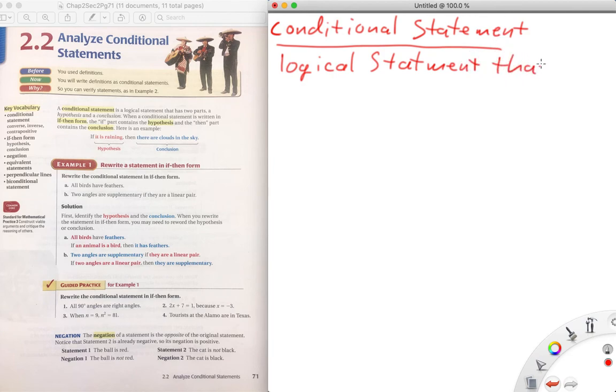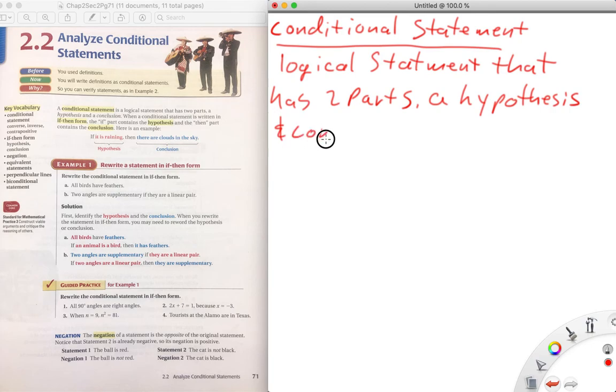That has two parts. It has a hypothesis and it has a conclusion. A conditional statement is a logical statement that has a hypothesis and it has a conclusion.